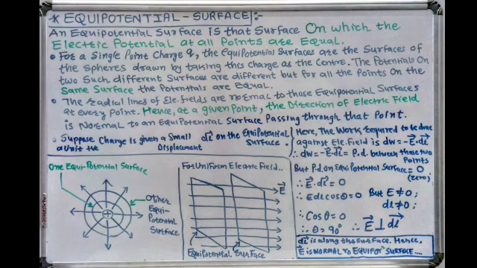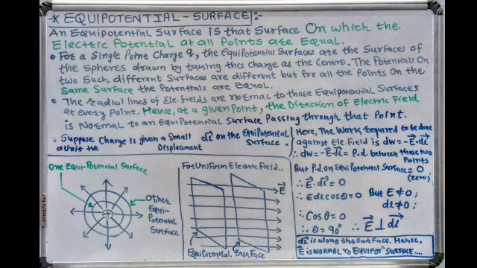So the angle theta is 90 degrees, that is, the angle between E and dl is 90 degrees. That means E is perpendicular to the displacement, and dl is along the equipotential surface. Hence E is normal to the equipotential surface.